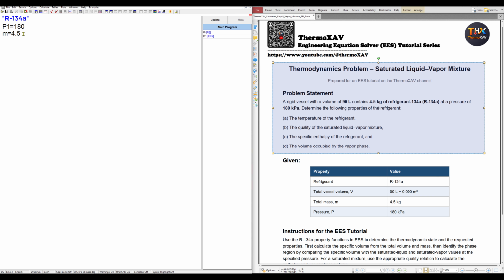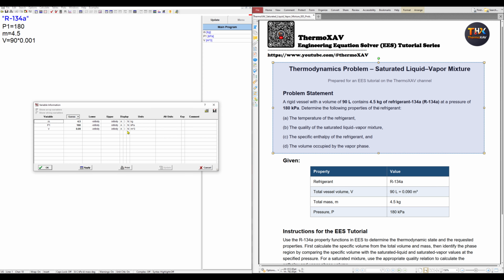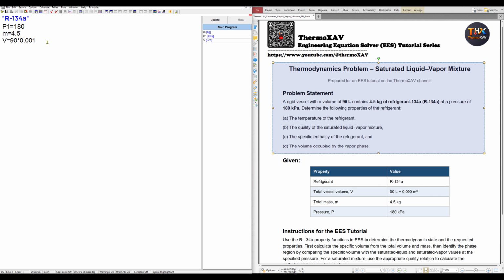And then finally the volume of this rigid vessel is equal to 90 liters, but I can simply multiply by 0.001 to change it to cubic meters. So this volume is in cubic meters, and then I will press enter.